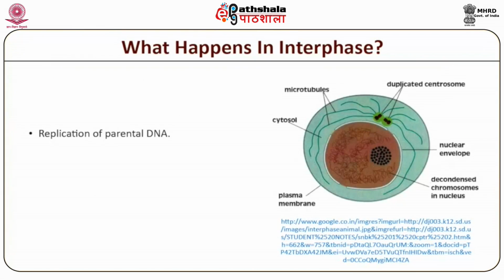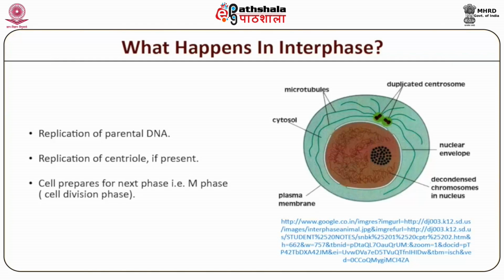It involves replication of parental DNA and replication of centrioles if present. A few animal cells like the early mouse embryo, and cells of higher plants, lack centrosomes, yet all of these can form a bipolar mitotic spindle. Ultimately, the cell prepares its machinery for the M phase, that is the actual division phase.